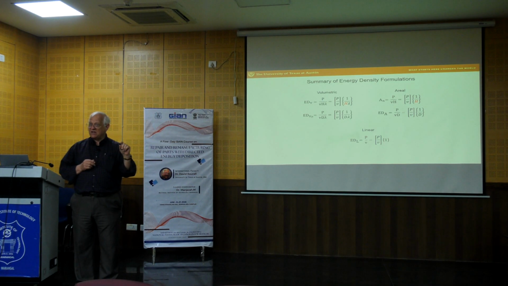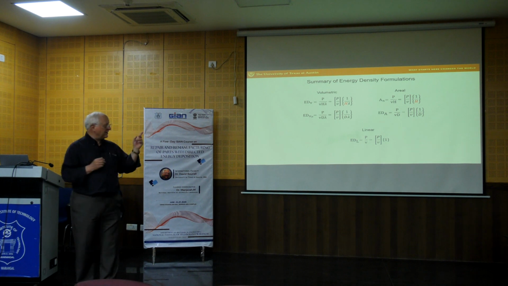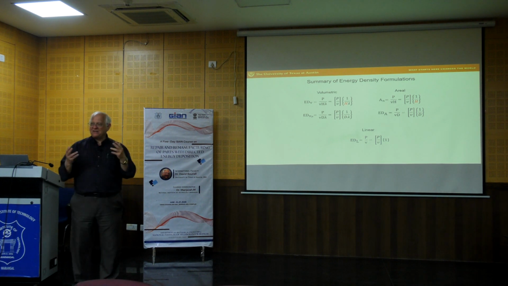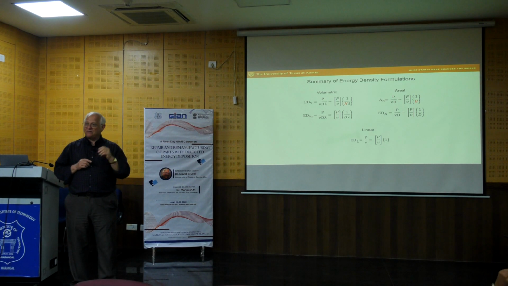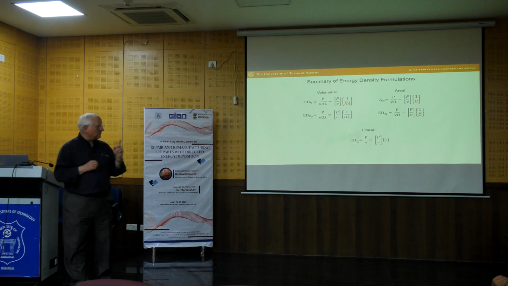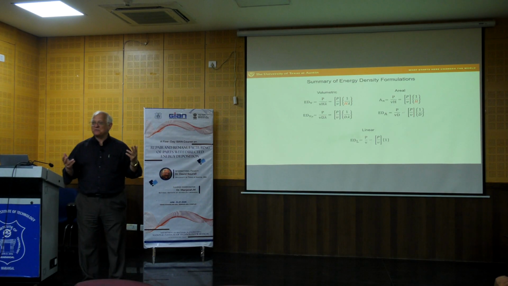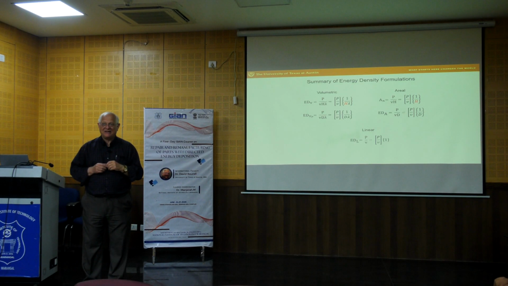The layer thickness lambda is also rarely changed; it's more or less constant. And if I don't change the hatch spacing, then all of these will give the same answer if H, D, and lambda are constant and I'm only affecting the power and the velocity. So it doesn't matter which one we use, they all give good results.